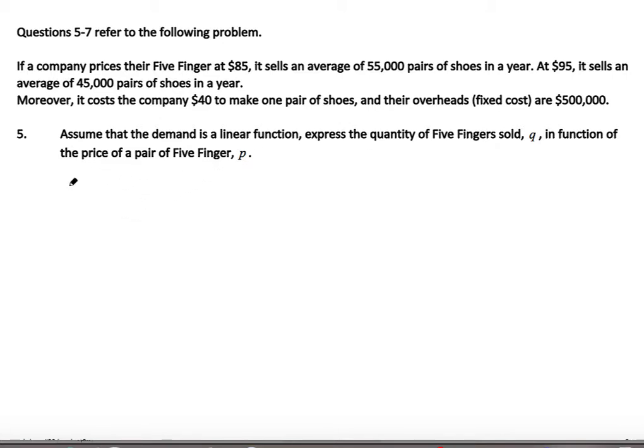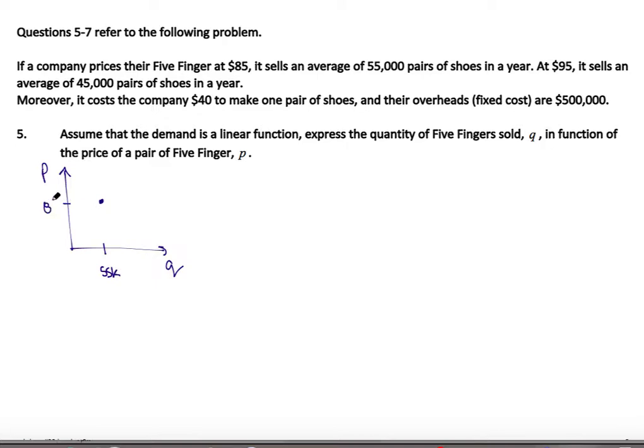So let's visualize this real quick with a graph. So we have a situation where at $85, it sells an average of 55,000 pairs of shoes. So for a PQ plot, so price and quantity plot, we have $85 sells 55,000 shoes. So I'll write 55K.